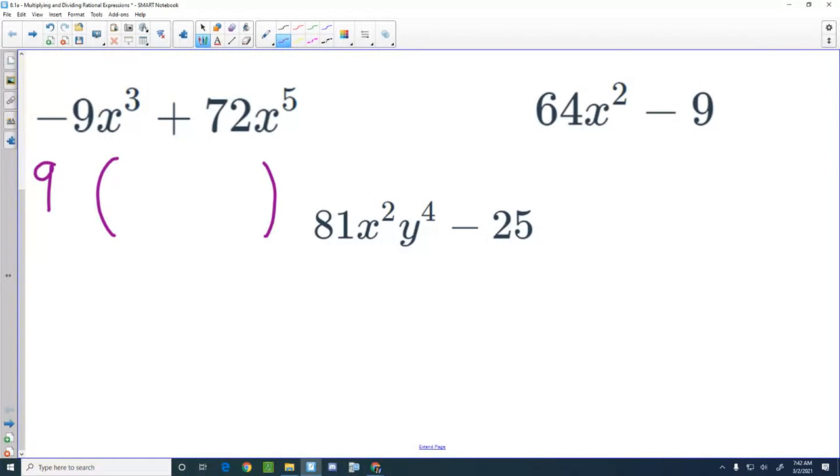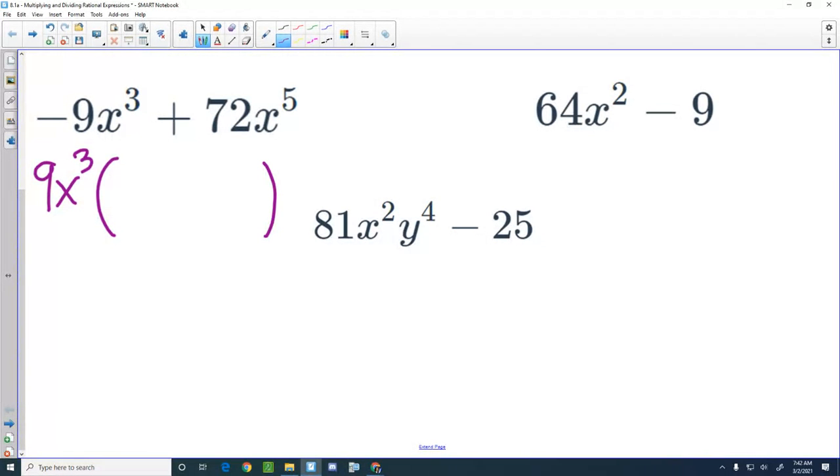Don't both of those terms have at least 3 x's available for me to kind of divide out? I couldn't say x to the fifth is the GCF because that first term only has 3 x's, right? It's only x to the third, meaning it doesn't have 5 x's to divide out. But they both do have at least 3 x's available. And so I'm going to take out an x to the third as part of my GCF.